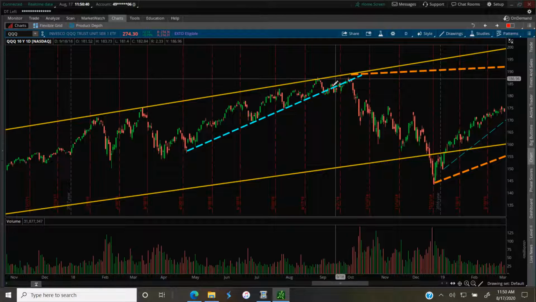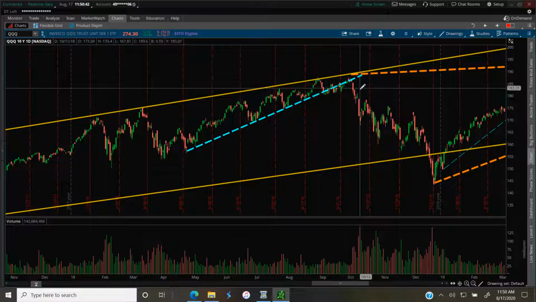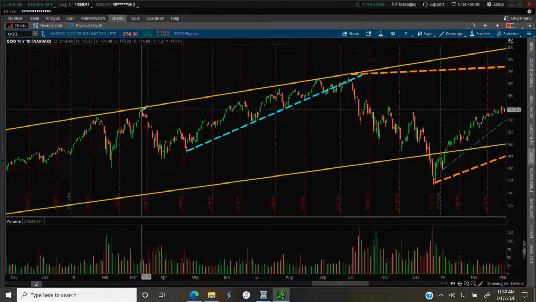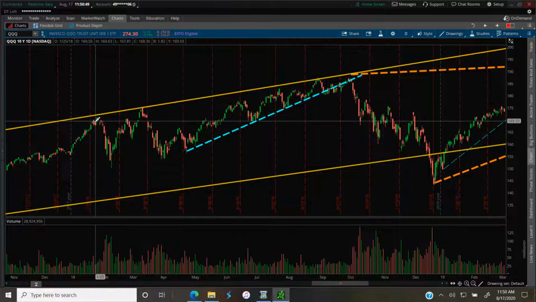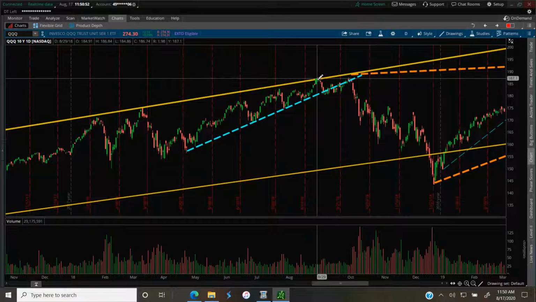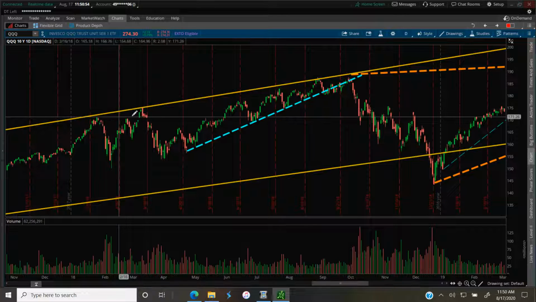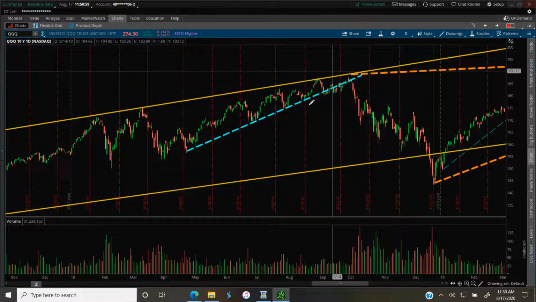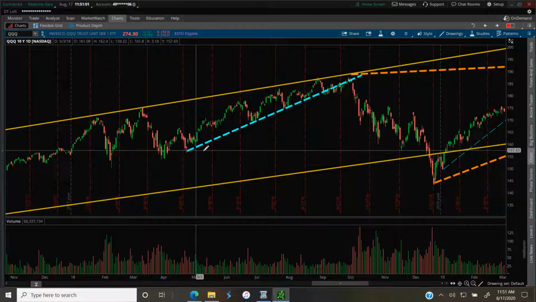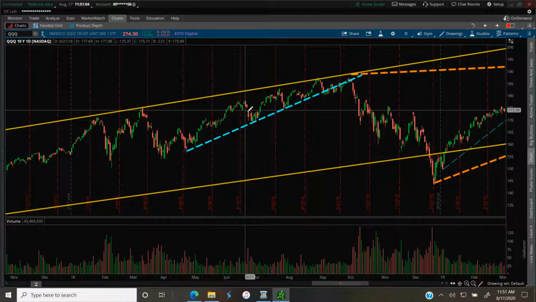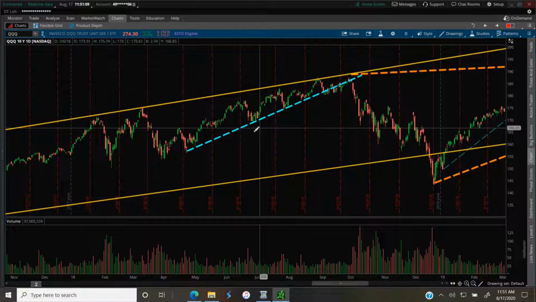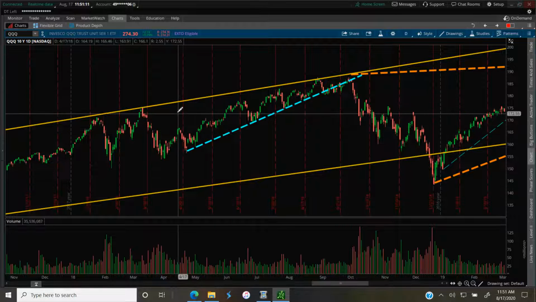If you were catching a move to the downside on this rising wedge, you already know this line is resistance, which hasn't been able to break. Now we have this support holding price above, and then eventually these two meet at this angle, that's a rising wedge.